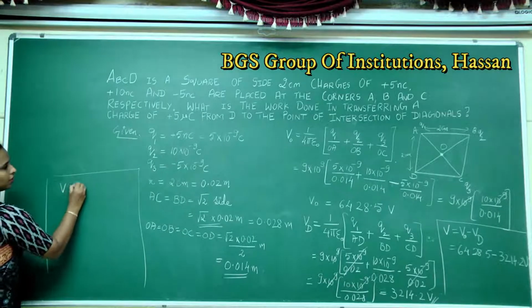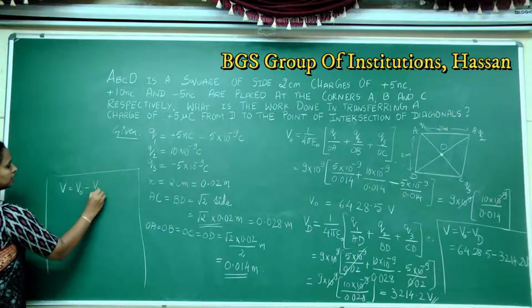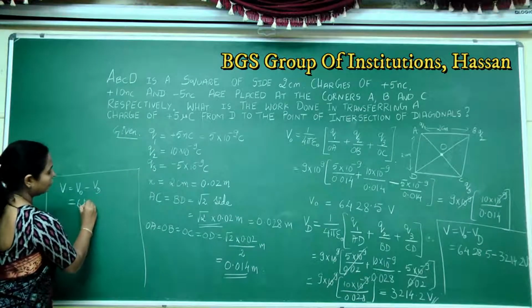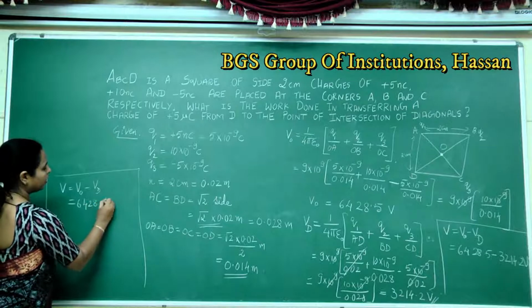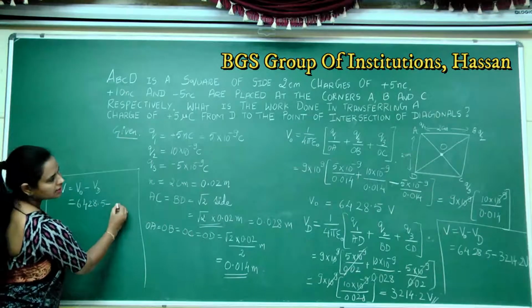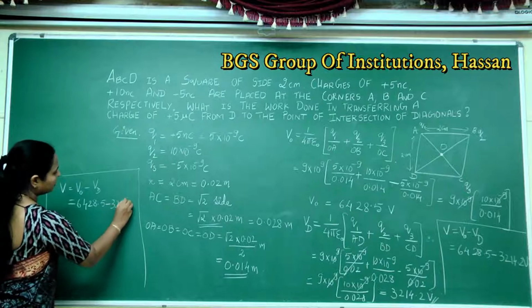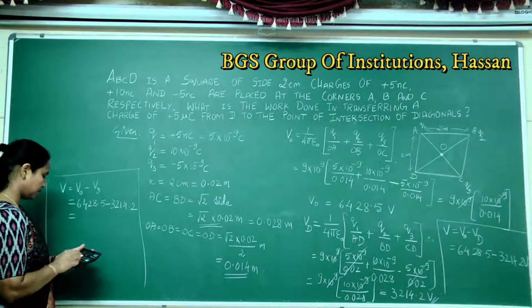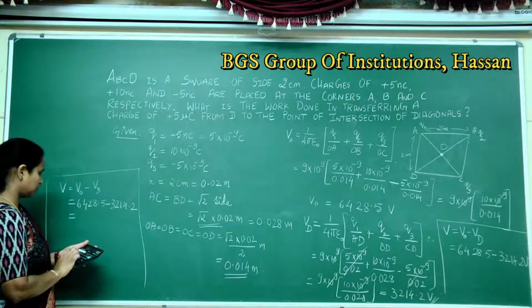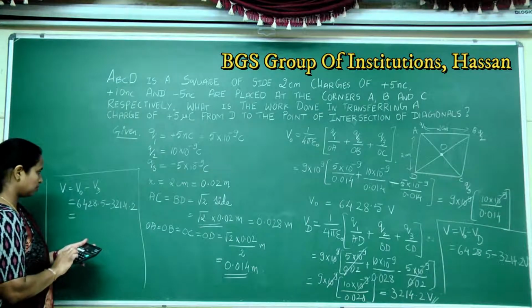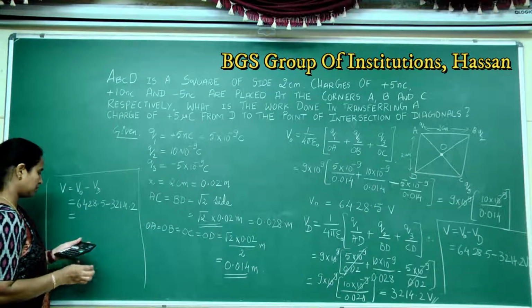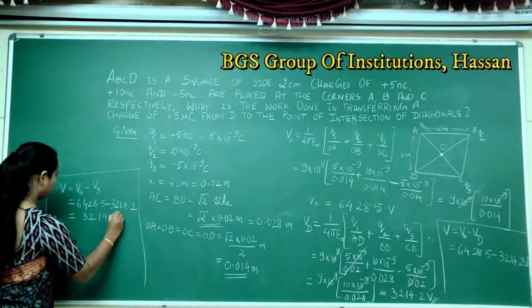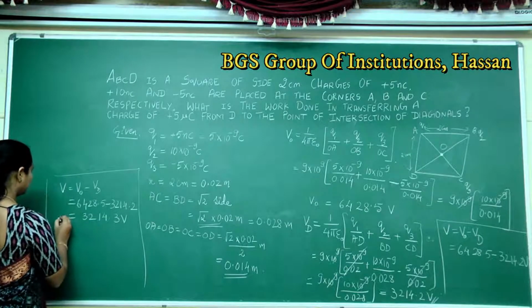V is equal to VO minus VD, that is equal to 6428.5 minus 3214.2, and this is, you have 3214.3 volts.